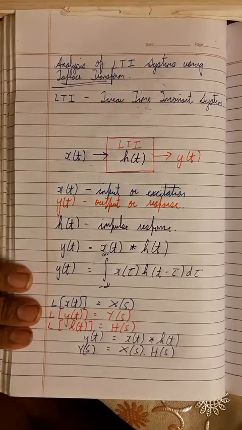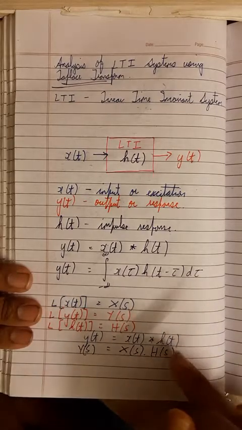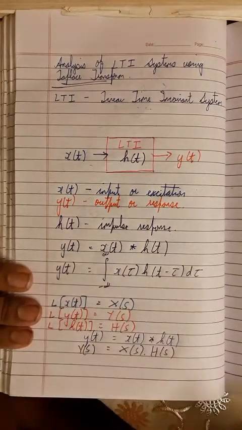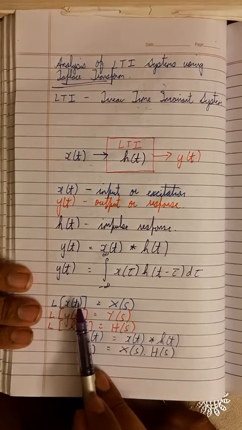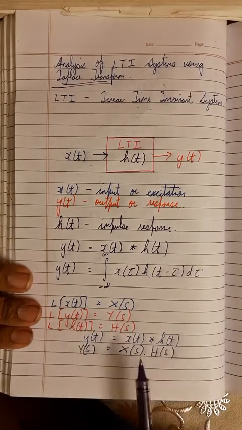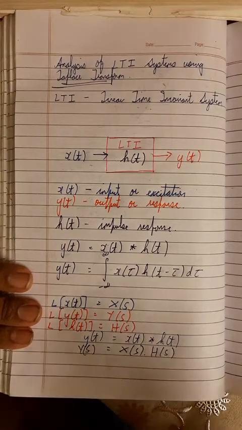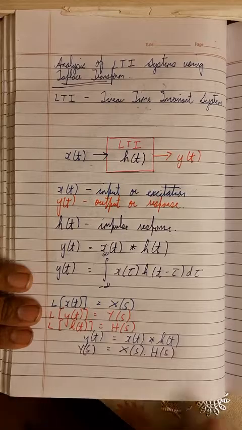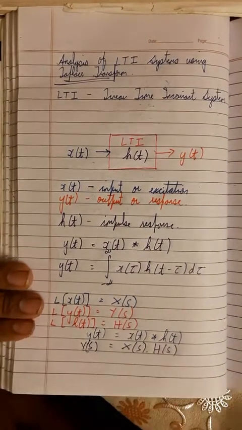You see, if you are using Laplace transform, then you need not apply the convolution operation. All you need to do is find the Laplace transform of x of t, find the Laplace transform of h of t, and then multiply these two functions. That's all. This is the main advantage of Laplace transform.